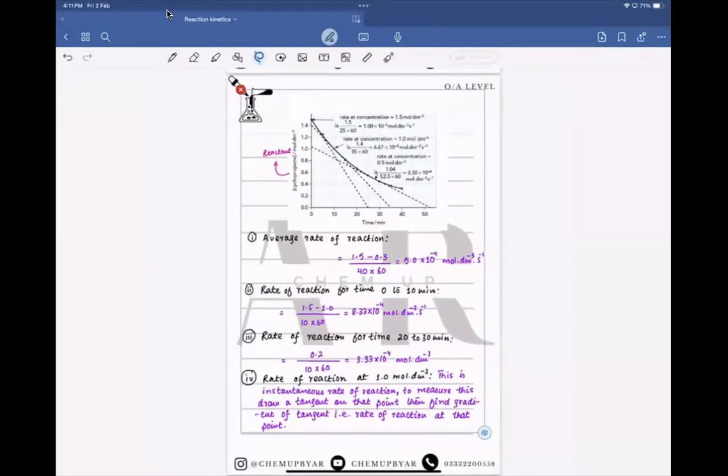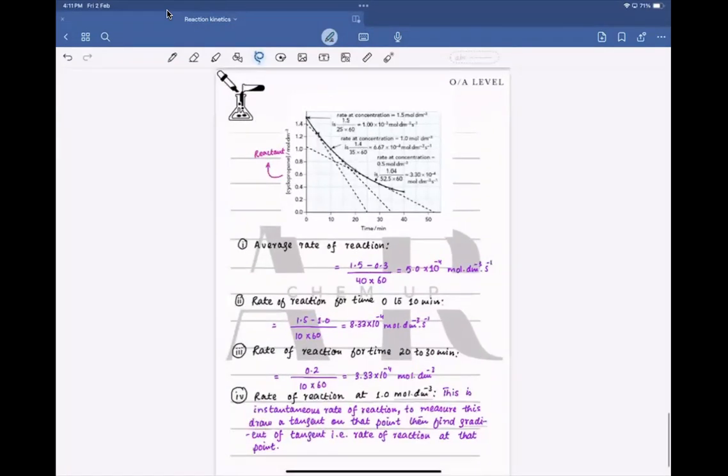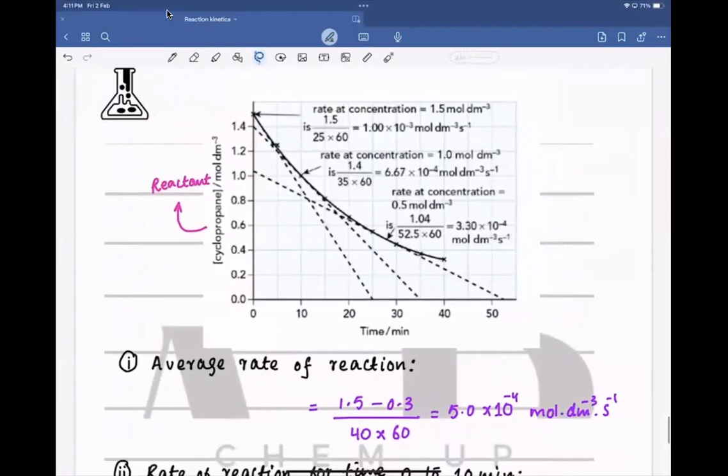See, this is the course of the reaction, and they have shown how the reaction is taking place. If you look at it, this is the concentration, and here we have the time. So as the time passes, the concentration decreases. So what does it indicate, whether it's a reactant or a product? It indicates that it's a reactant. Is this clear?